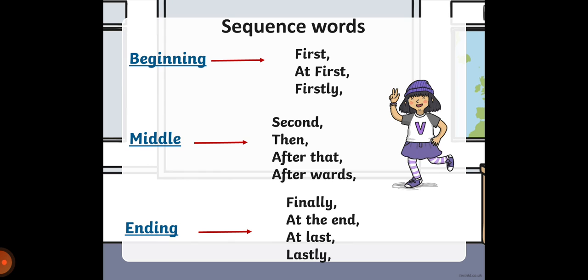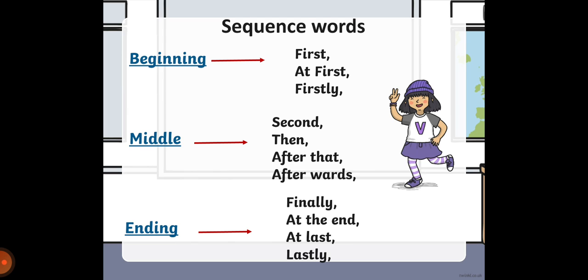The second type is the middle sequence words, and those are for the steps that are not the first step and not the last step. So second, this usually comes for the second step, and then after that, afterwards. Those are sequence words for the middle. You can change the order of them as much as you like.